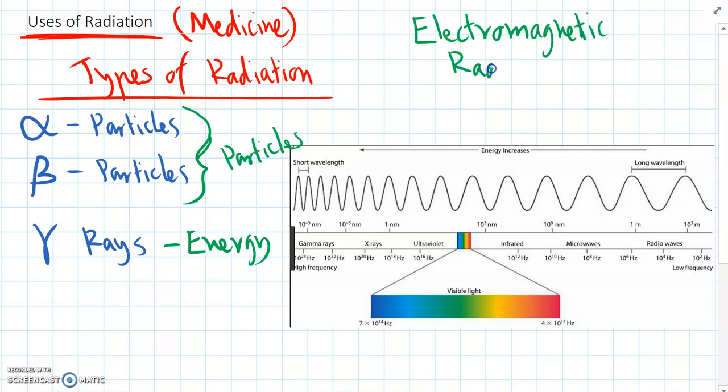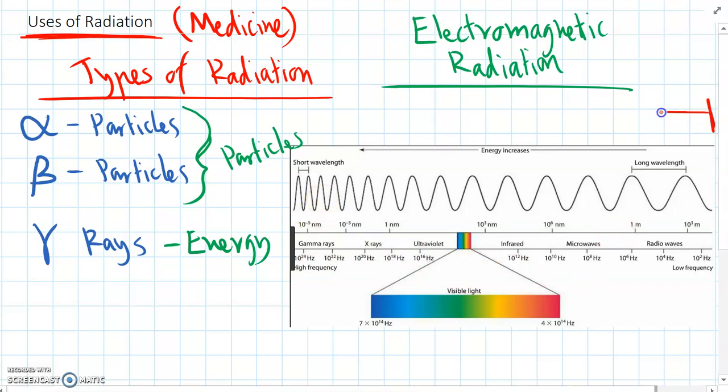Electromagnetic radiation. So here's the electromagnetic spectrum. The spectrum means going from one particular property all the way along to the other end of the property.